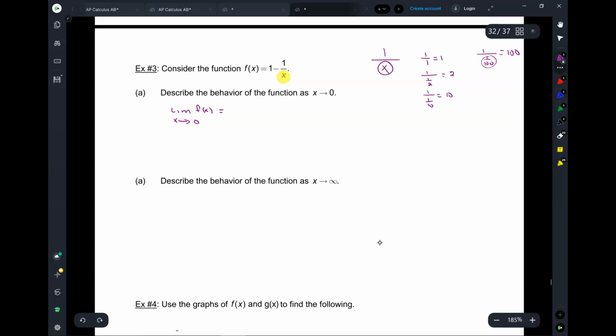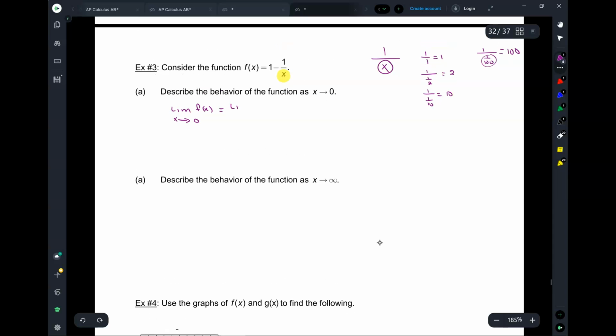So do you see how as the denominator gets smaller and smaller, the fraction itself gets bigger and bigger? So as x gets tiny, almost close to 0, like 0.000005, what's going to happen to the whole thing? It's going to get bigger and bigger.